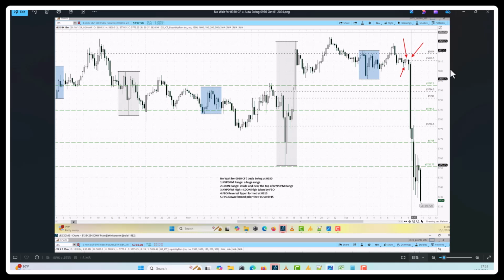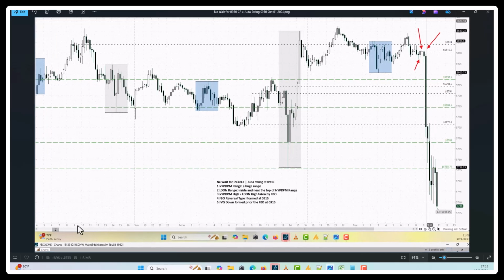Now before today we saw that the raid happened when it raided both the New York PM and London range at the same time. But here it's split. It swept the liquidity of the PM and then it came down and swept London. So that's the variation right there.